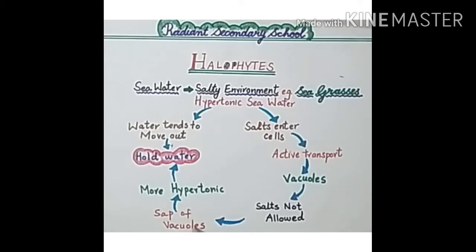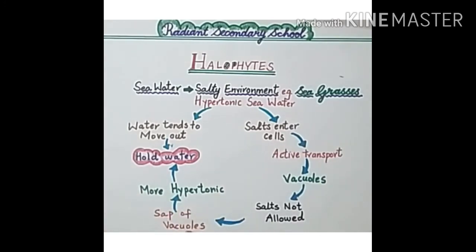Now here the situation is reversed. Now the inside of the cell, that is the vacuole, is hypertonic, that is having more salt concentration, while the outside environment of the cell is now hypotonic, that is having less salt concentration. Remember students, sap means the inside composition of the vacuole, that is it is having sugar, minerals and water.